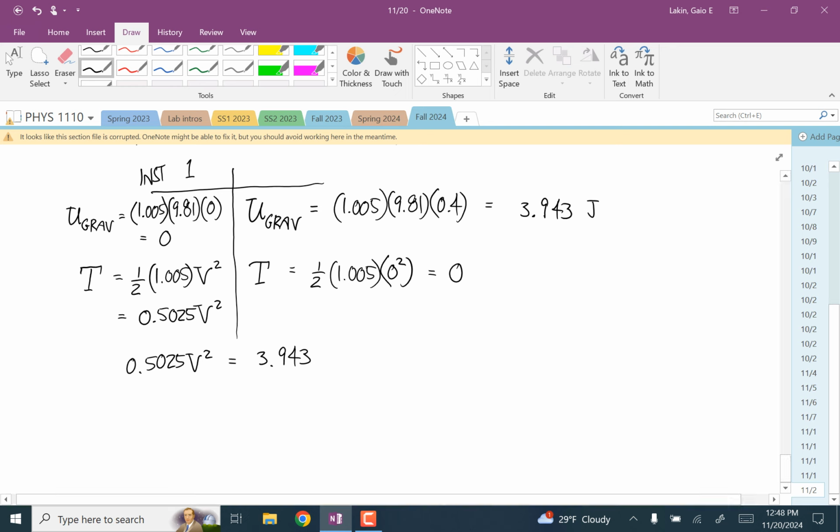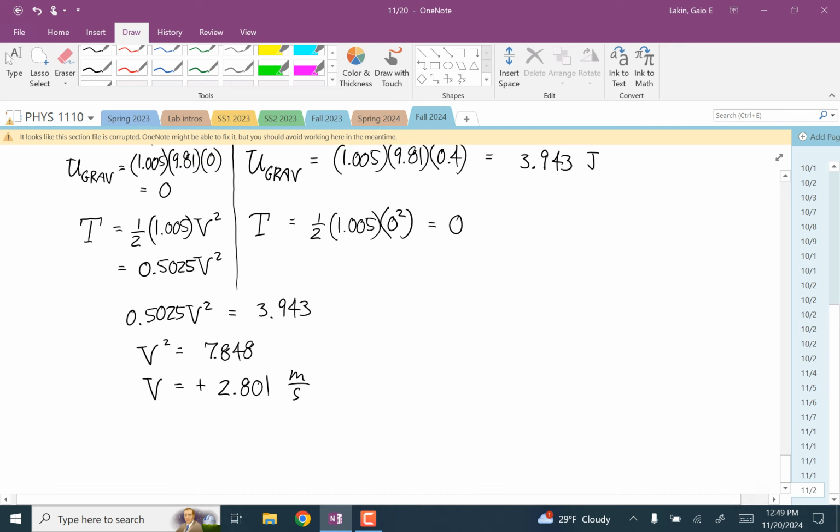And so divide both sides by 0.5025, and you get that v squared is equal to 7.848. Take the square root, and you get v is equal to 2.801 meters per second. Okay, so the instant after the bullet lodges in this block, the block and the bullet together are moving at 6 miles per hour, 2.8 meters per second.